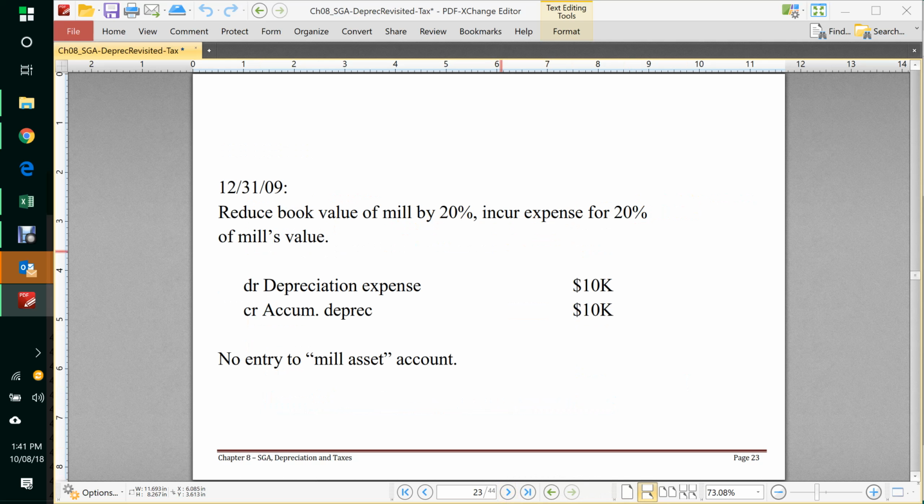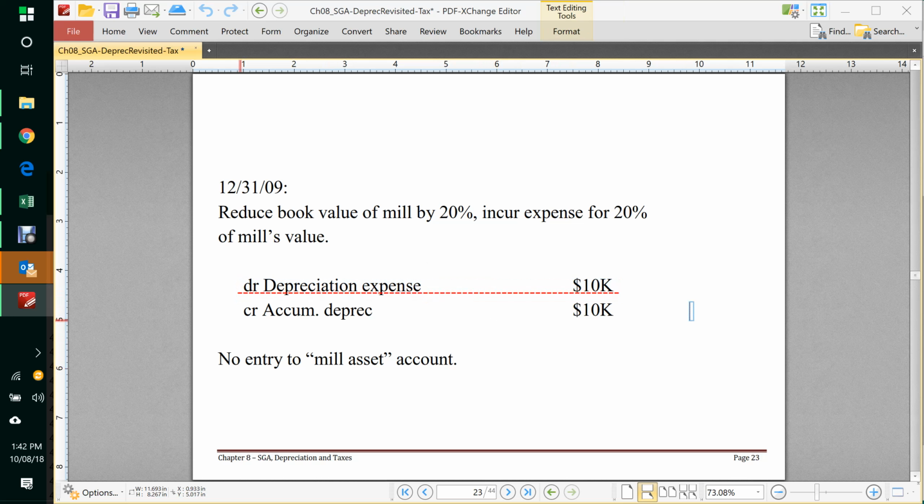Okay, let's go 1 year on. We're going to reduce the book value of the mill by 20% and incur our expense for 20% of the mill's value. So once again, we say depreciation expense, that 1 year's worth of wear, 1 year's worth of cost of the mill that we want to recognize as an expense.